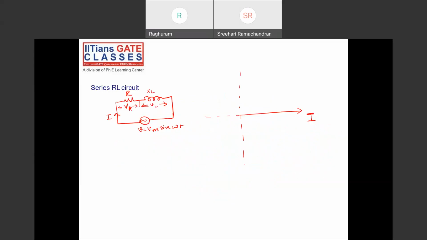How is VR with respect to I? Current through the resistor and voltage across the resistor will always be in phase. I'm not talking about the magnitude. So VR and I are in phase.